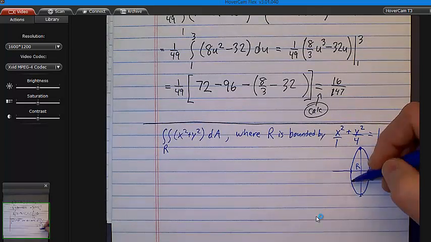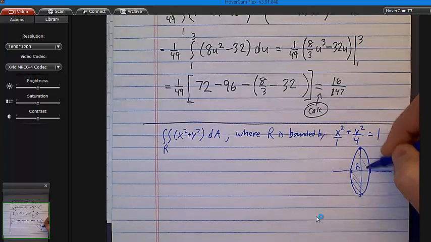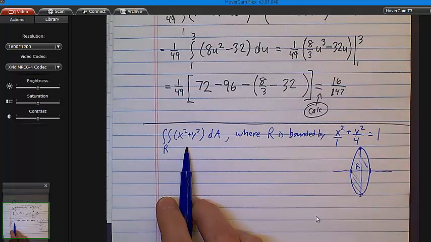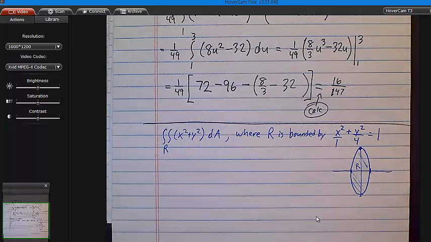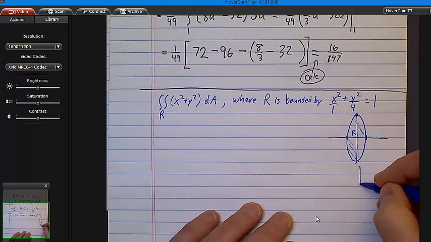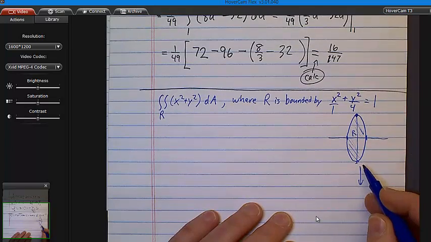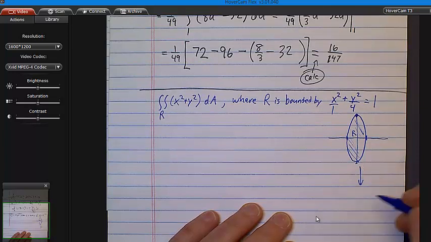Now, can I compute this integral without a transformation? Absolutely. This one is vertically simple, horizontally simple. But it's going to be worth it for us to look at how this works. What I'm going to do is a transformation where I'm mapping this onto, any guesses?